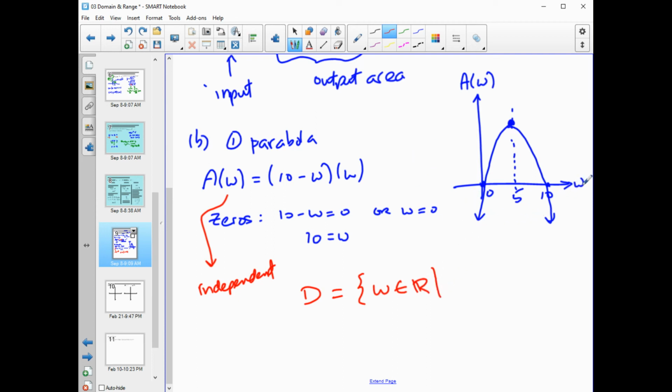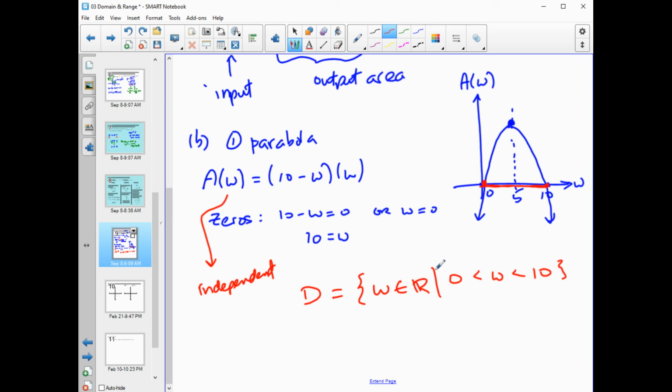Here's the W axis. We know that W runs between 0 and 10, and it can be any of the values in between. So you might start with that: it goes between 0 and 10, and it's anything in between. Now here's an interesting question, because we're talking about the real world.